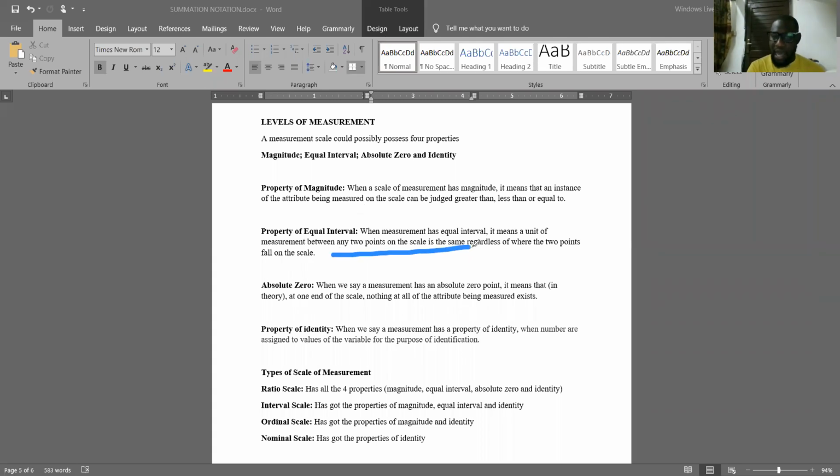Let's say on a ruler, we have 1 cm, then the next one is 2 cm, then the next one is 3 cm. The distance from 1 centimeter to 2 centimeters is what? 1. And the distance from 2 centimeters to 3 centimeters is also 1.